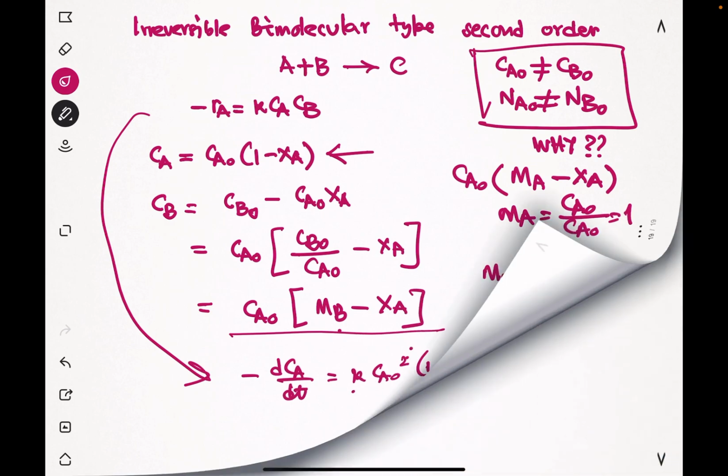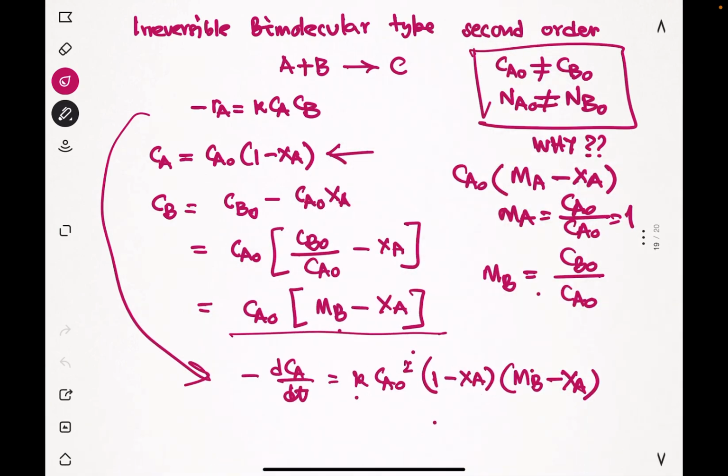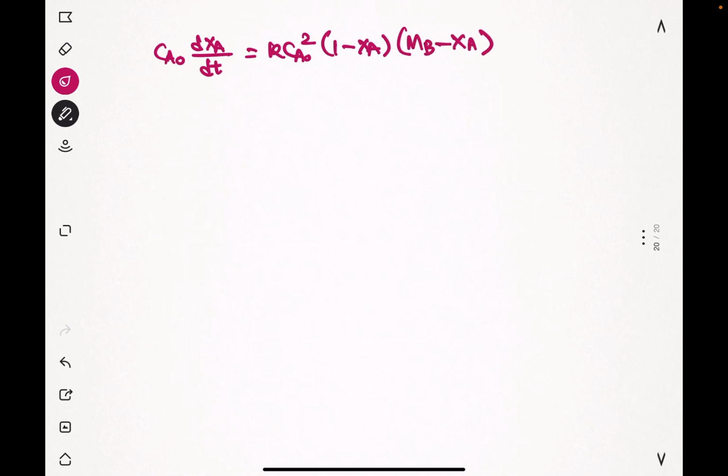Now, how do we move forward from here? We also replace this CA with this equation here. So eventually this becomes CA naught dXA by dt. And now again what do we do? We separate the variables and integrate.